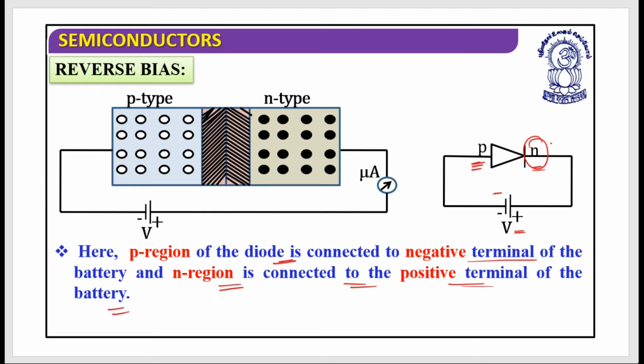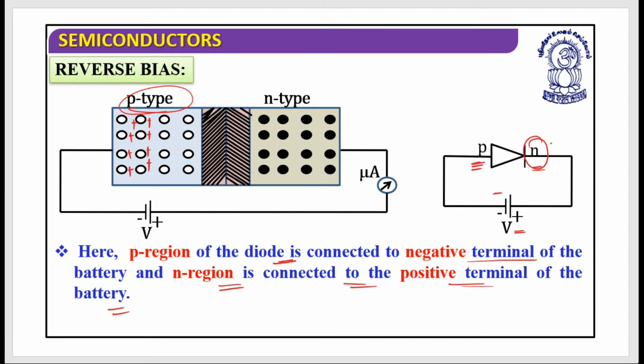This is the P-type material, and here the majority charge carriers are the holes. All the holes will start accumulating here.